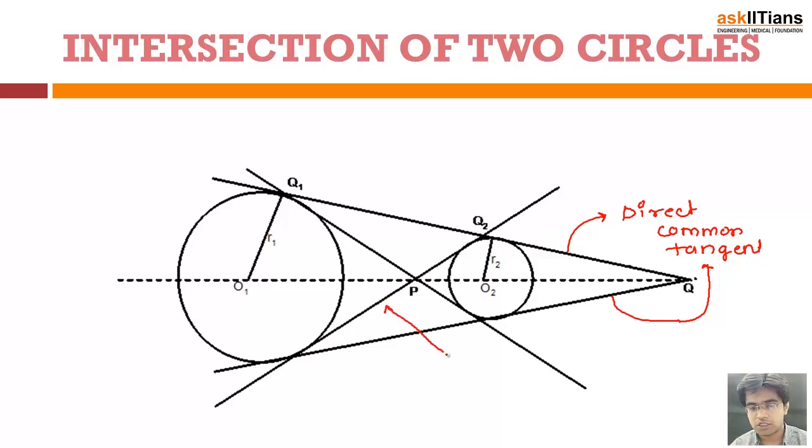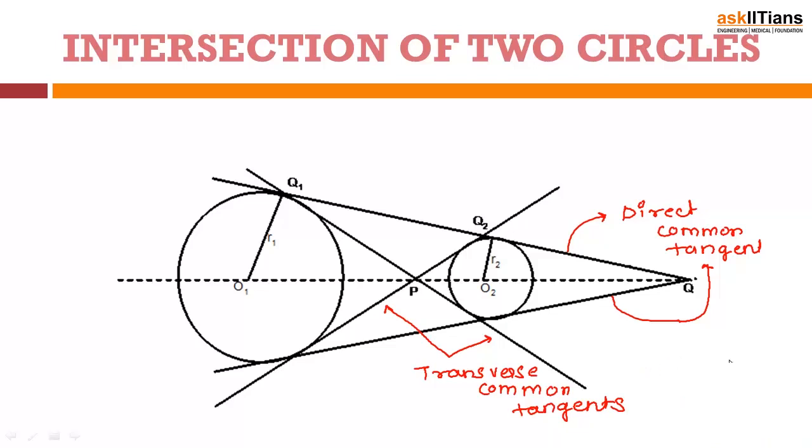These two tangents are then called transverse common tangents. So direct common tangents and transverse common tangents: this is the general notation and naming of the tangents.